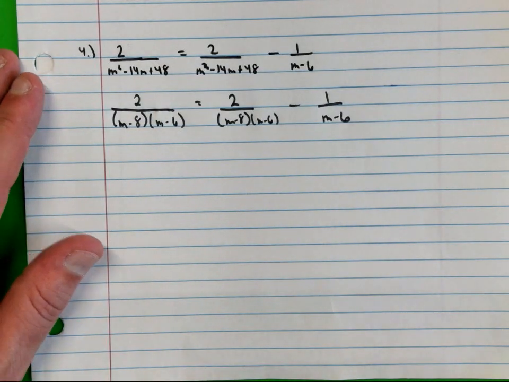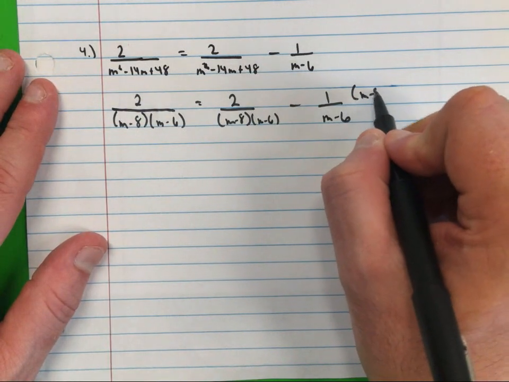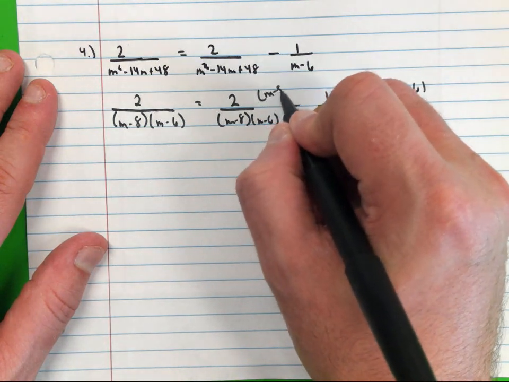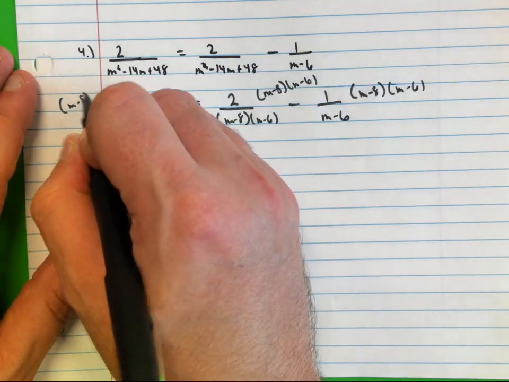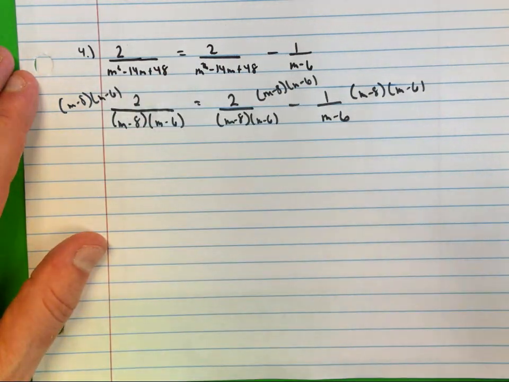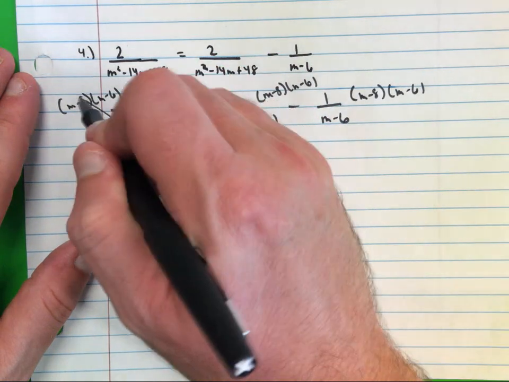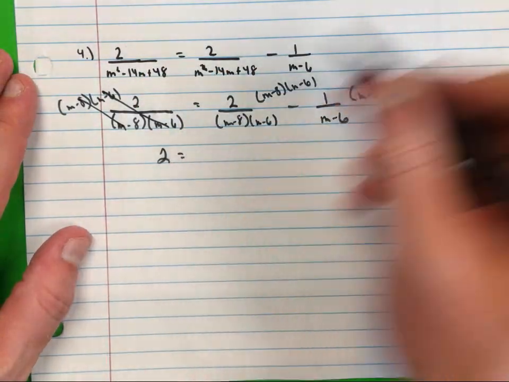What would I multiply everything by? What's your common denominator? m minus 8, m minus 6. I love it when things just cancel out. What are you left with right here? 2. You're left with 2.